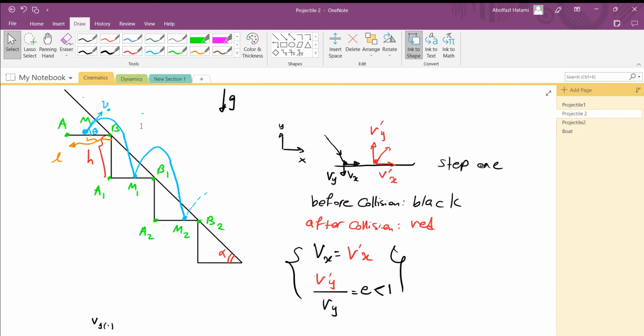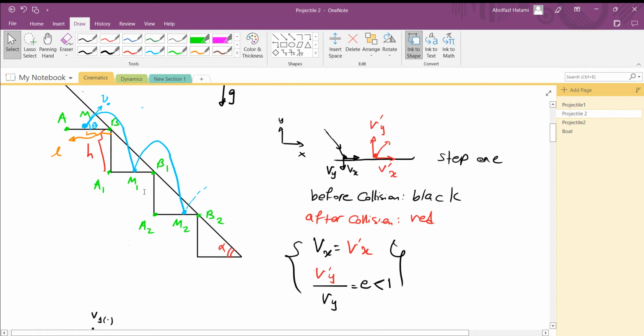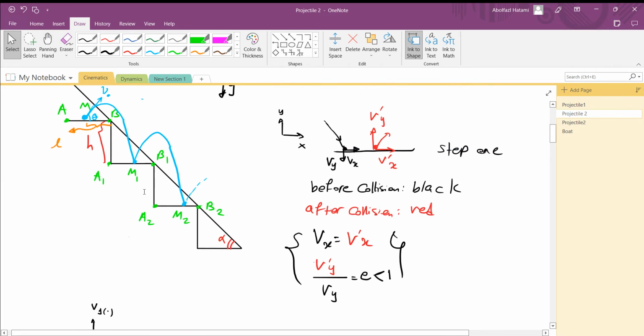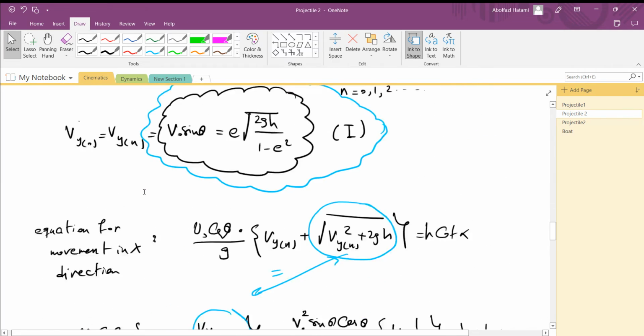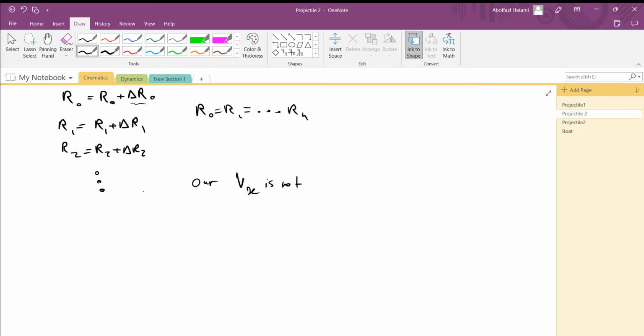But our v in the direction of y changes when the ball is in the air, when the ball hits each step, and so on. But you should be aware that our velocity in the x direction is not going to change during the problem. So let me write the note here: our v of x is not going to change.